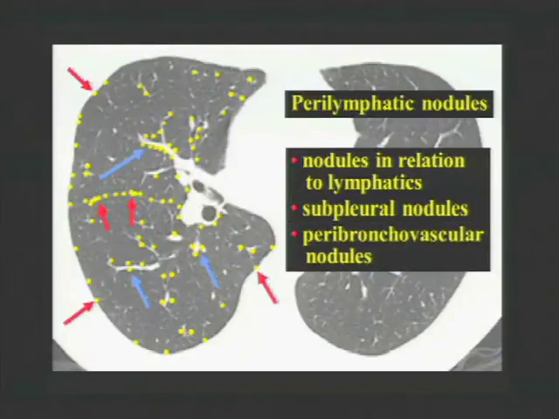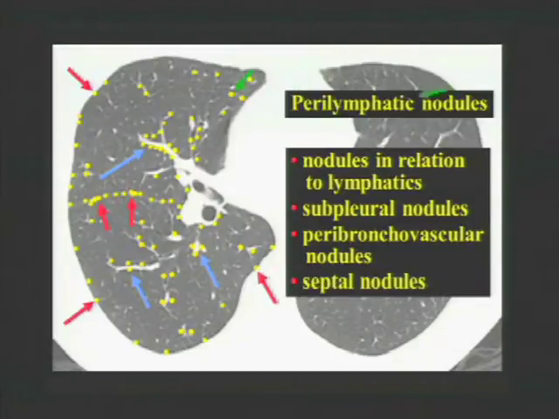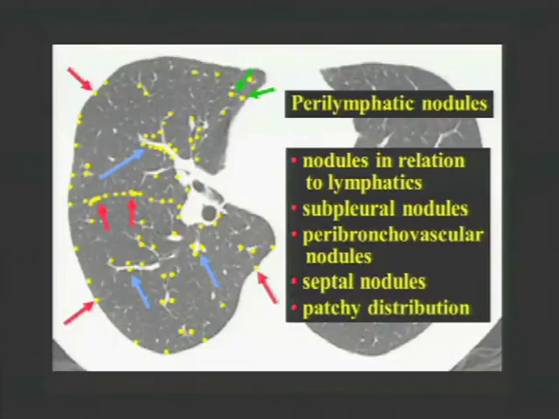You see nodules in relation to central bronchi and vessels. Lymphatics travel in association with the bronchi and vessels, so peribronchovascular nodules are part of that pattern. And there are nodules in relation to interlobular septa, which contain lymphatics. Because the nodules occur specifically in relation to these structures, the overall appearance of nodules on CT is patchy or non-uniform.